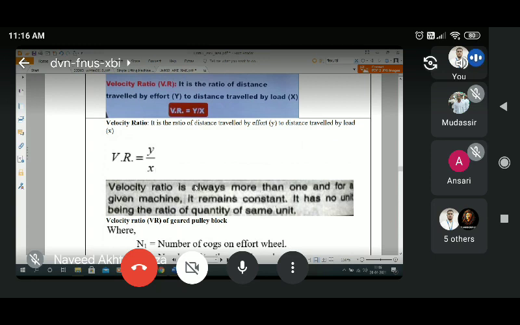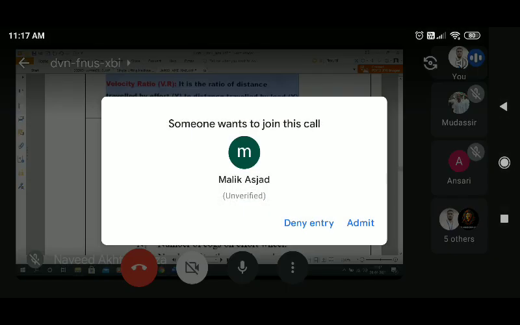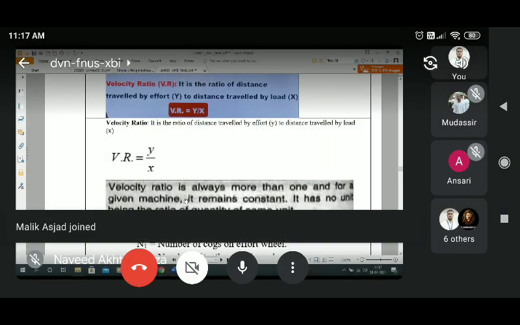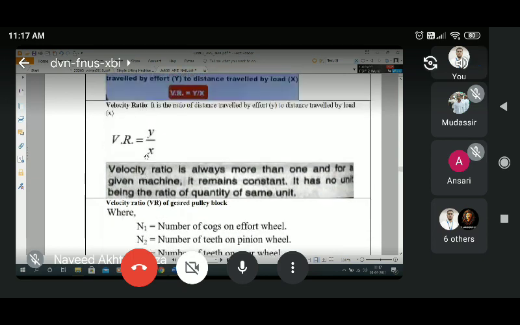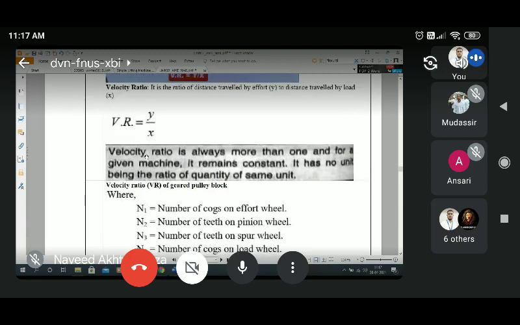Velocity ratio is always more than 1, and for a given machine it remains constant. It has no unit, being the ratio of quantities of the same units. So velocity ratio is a unitless quantity because the numerator and denominator have the same units.